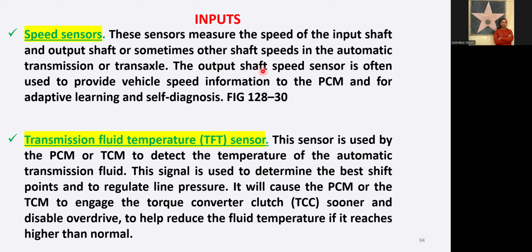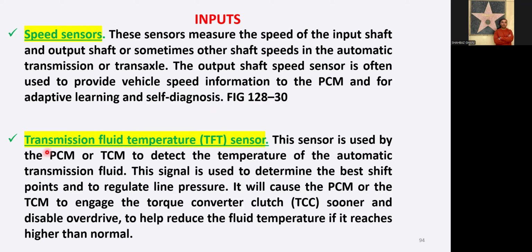The output shaft speed sensor is more often used to provide vehicle speed information to the powertrain control module and for adaptive learning and self-diagnosis. We have seen this figure.